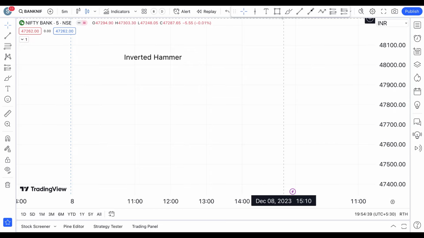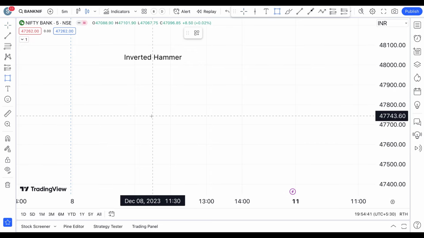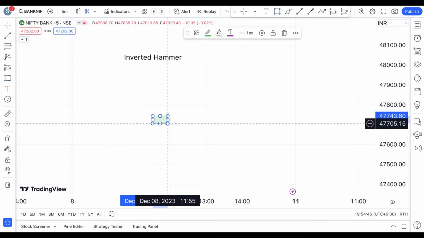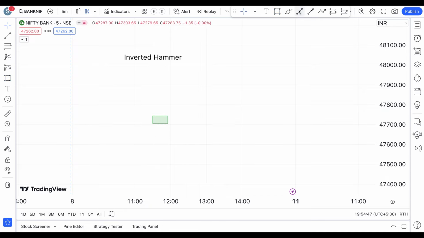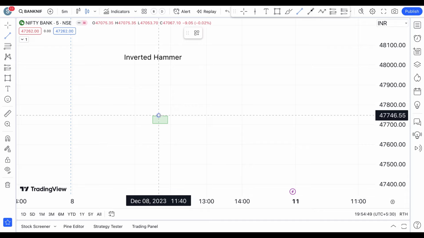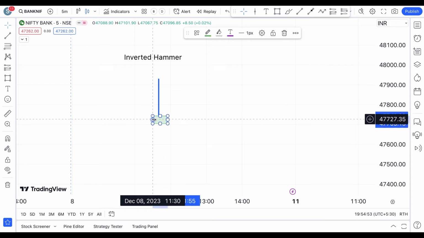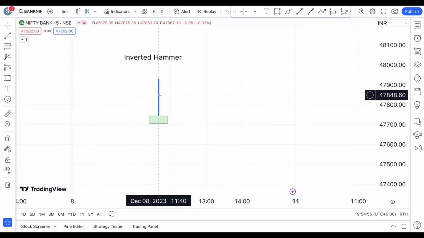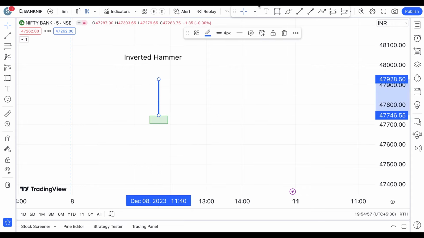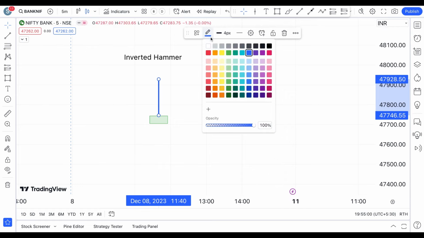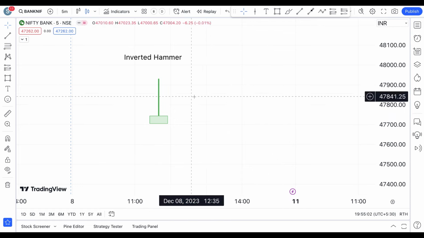To start with the anatomy of the inverted hammer, it's going to look something like this. You'll have a real body and an upper shadow like that. I've changed the color.